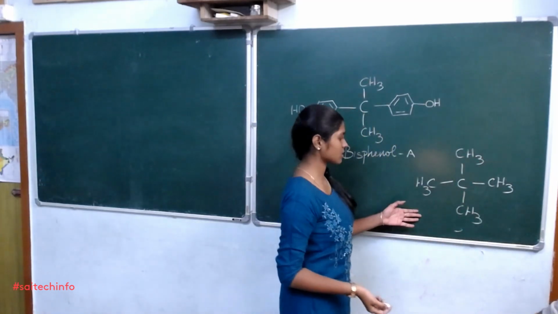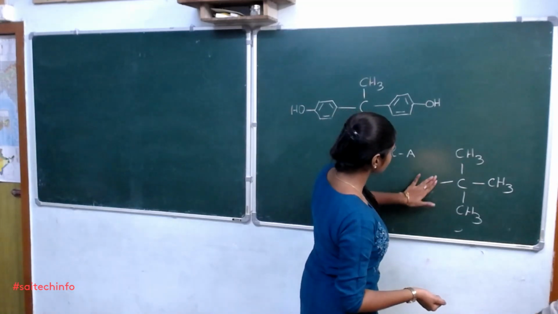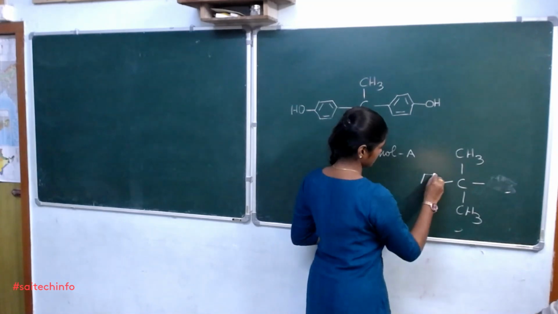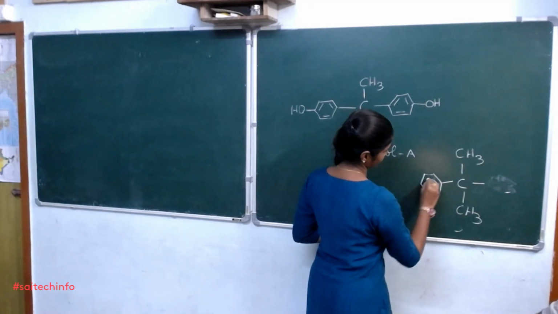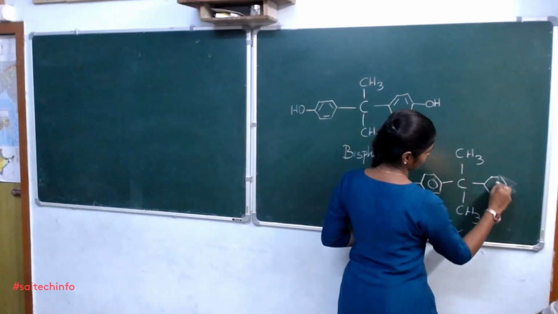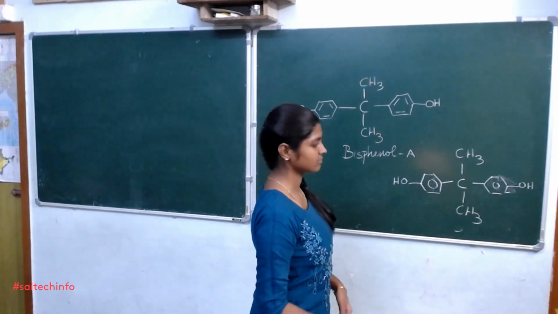So this is the structure of neopentane, sir. Okay. When the 2 methyl groups are substituted by 2 phenyl groups, we will be getting bisphenol. Very good. Okay. Right.